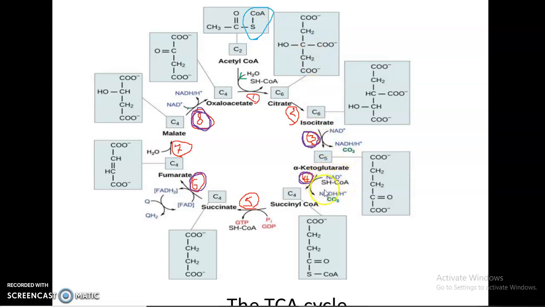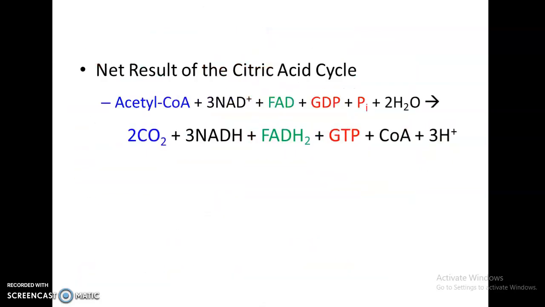Only this will be considered in the chemical formula of the citric acid cycle. Here is 1 GTP formation from GDP and inorganic phosphate at the 5th step, and here is 1 oxidized FAD molecule converting into reduced FADH2. So these are the molecules which you can consider in the net pathway, as a net result of the citric acid pathway.